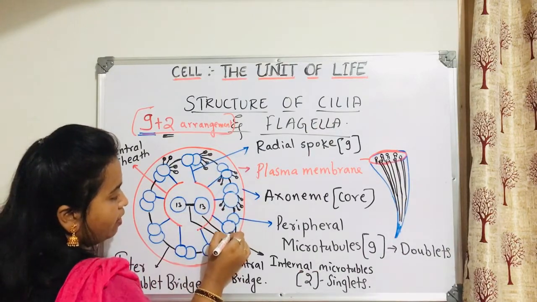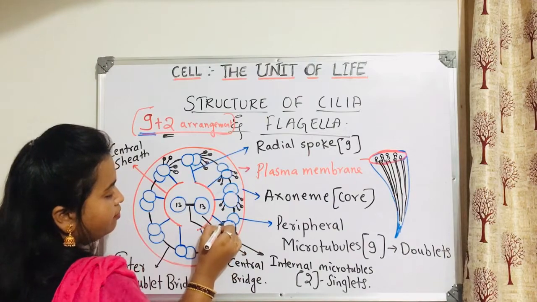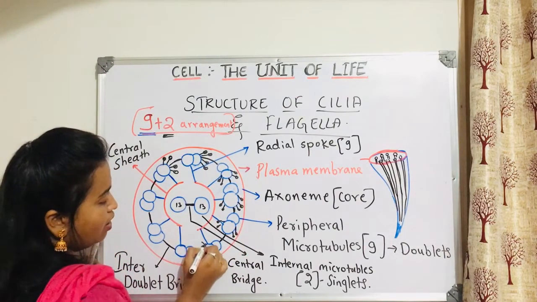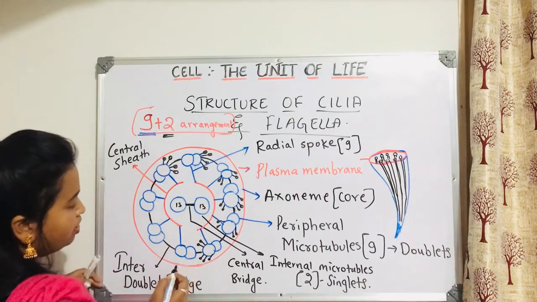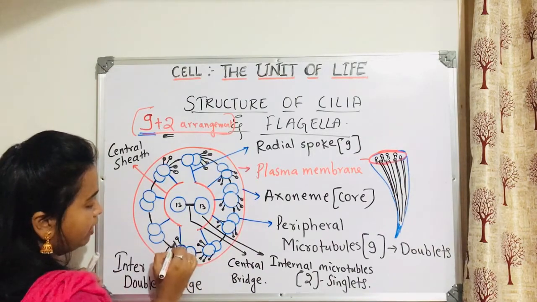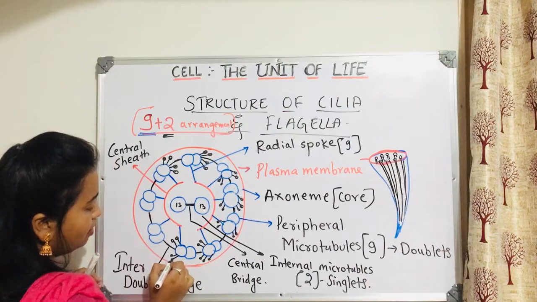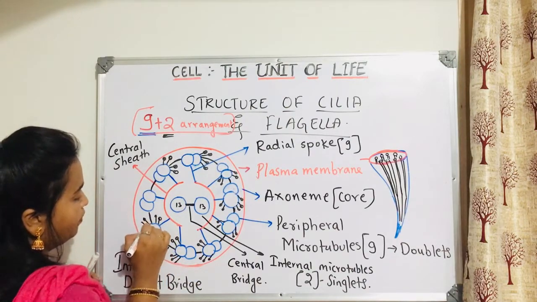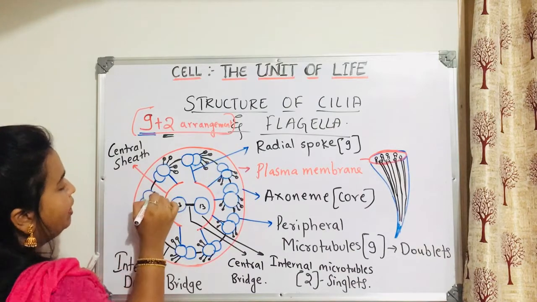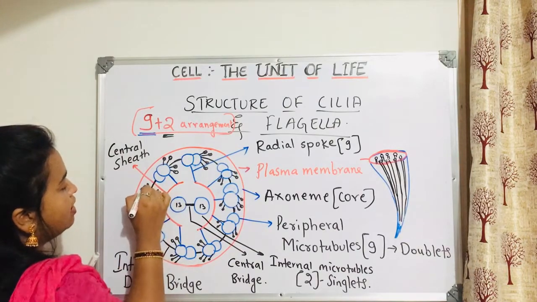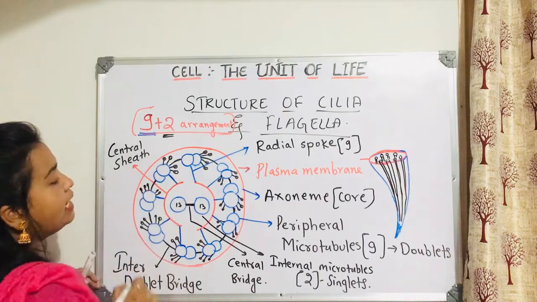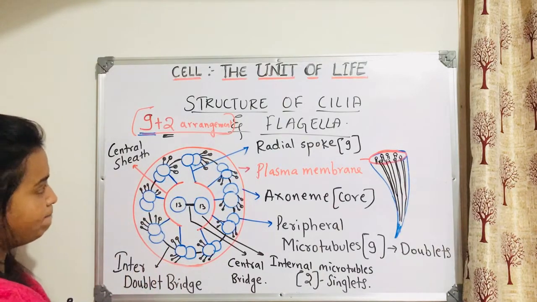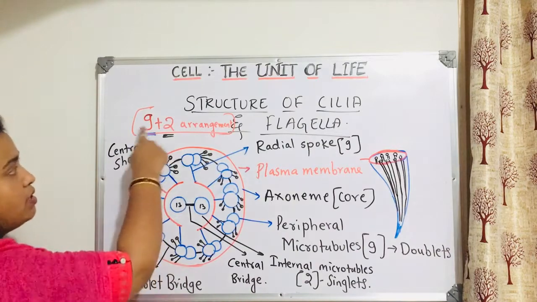These are called dynein arms. In NCERT, nothing is given about this structure, but it is very, very important. Without these, there is no movement of flagella or cilia. So this complete structure is what you see, and these things are called dynein arms. Okay, no place to write about that. I'll rub this.